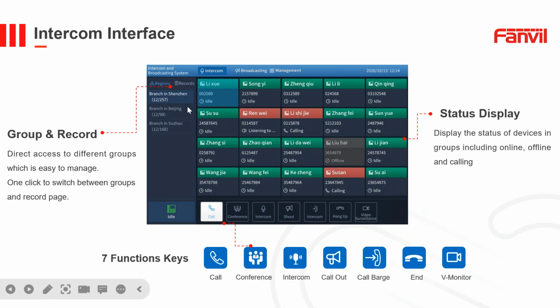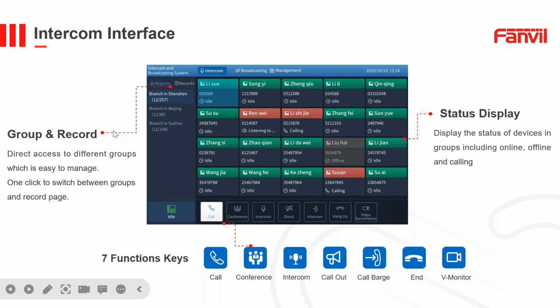And also, not only for public address, the software can also be used for intercom. You can see the picture above. You can see the status of devices. Some devices are making calls, some are listening to the paging, and you can choose any device to make a call or a conference by the 7 function keys below.